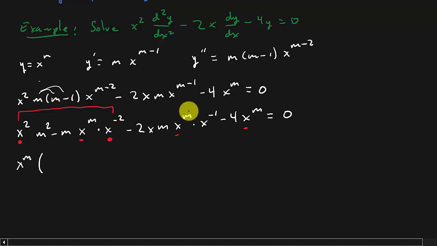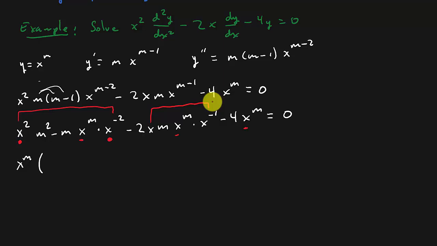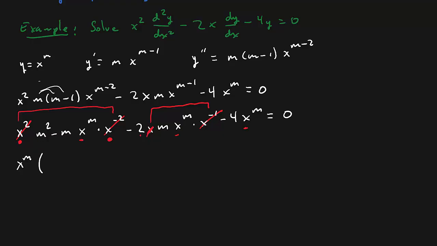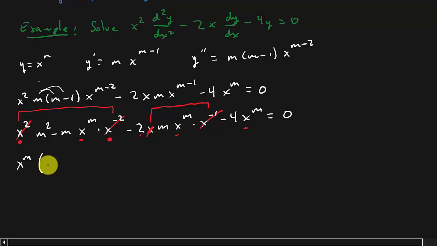And same thing here. When I do x to the first times x to the negative 1, that's x to the 1 plus negative 1, which is x to the 0, which equals 1. Okay, so these terms here go to 1. So they're basically gone. All right, so I've got m squared minus m minus 2m minus 4 equals 0.